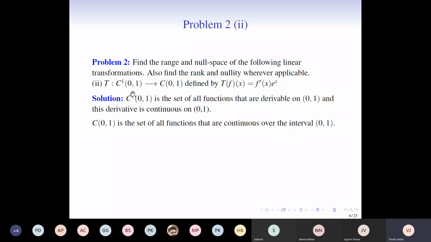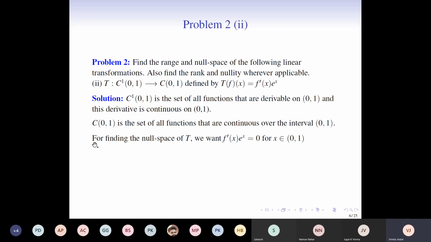So C superscript 1 means that it should be differentiable and its derivative should be continuous, whereas C0 means that the function should be continuous on the interval that is specified next to C.